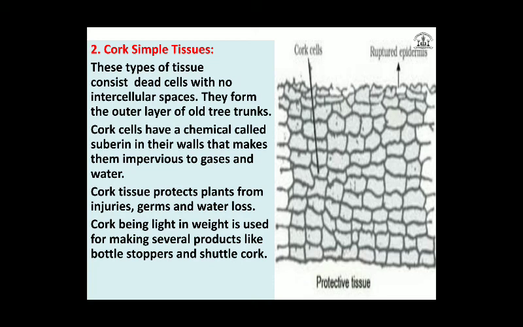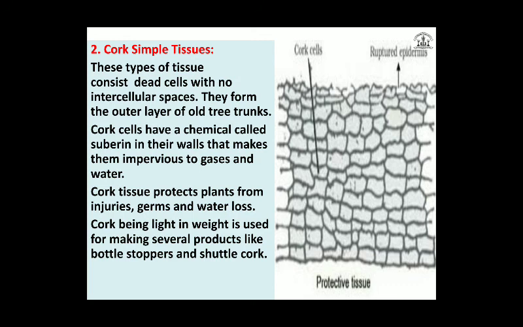Okay. These cells in cork contain suberin, a kind of chemical substance. And due to this, cork can't be penetrated by gases and water, and this cork tissue protects plants from injuries, germs and water loss.